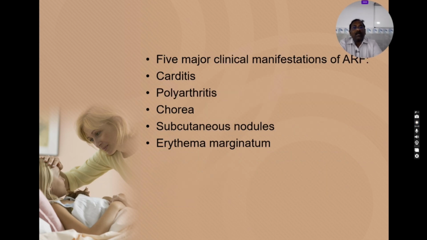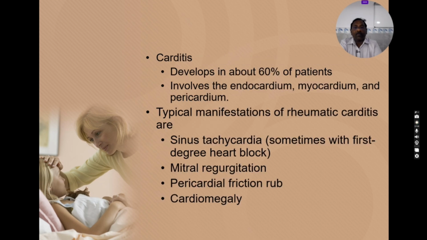So the 5 major cardinal manifestations of acute rheumatic fever: rheumatic carditis, migratory polyarthritis, rheumatic chorea, subcutaneous nodules, and erythema marginatum. Carditis develops in about 60% of the patients and involves the endocardium, myocardium, and pericardium.